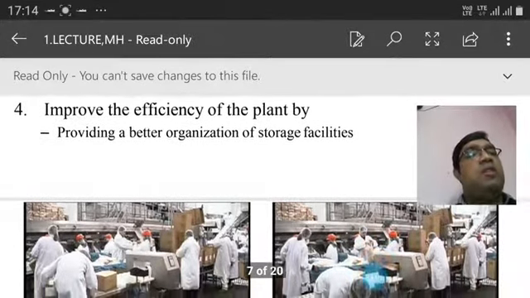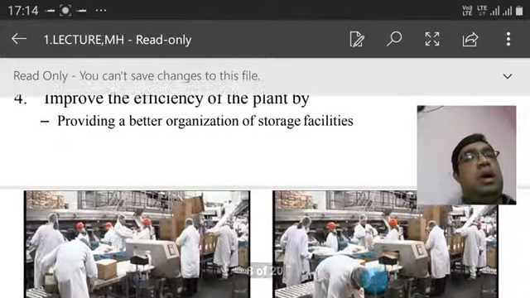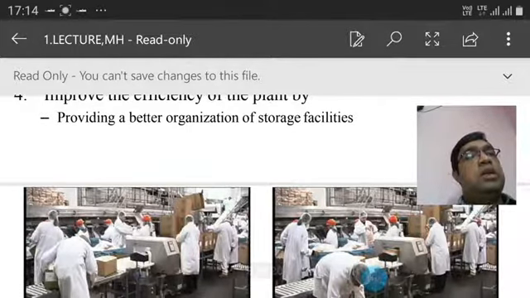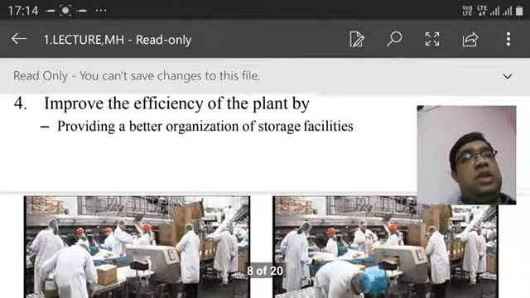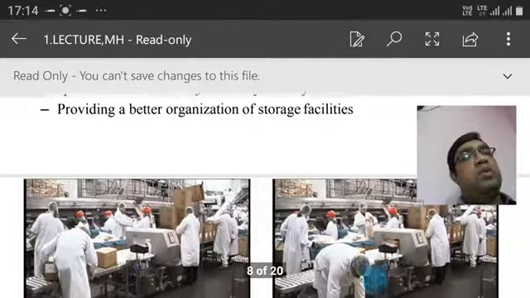Improve the efficiency of the plant: basically, good materials handling systems improve plant efficiency, providing better organization of storage facilities.